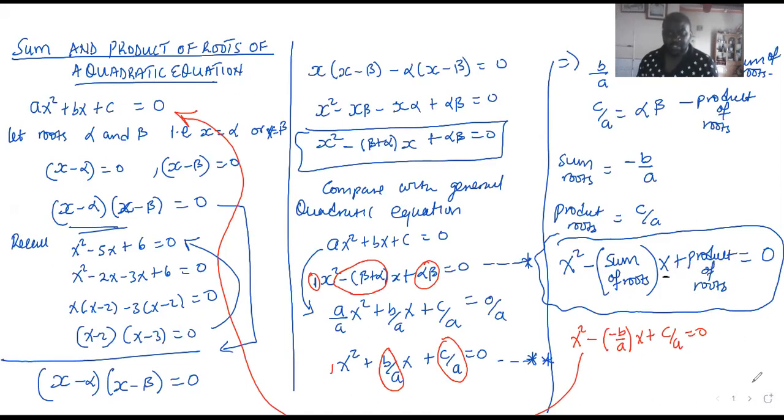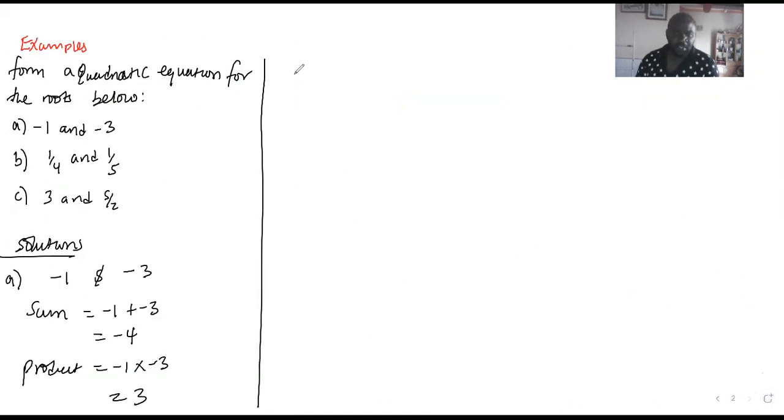So we can create the equation by saying x squared minus the sum of the roots times x plus the product of the roots is always equal to 0.